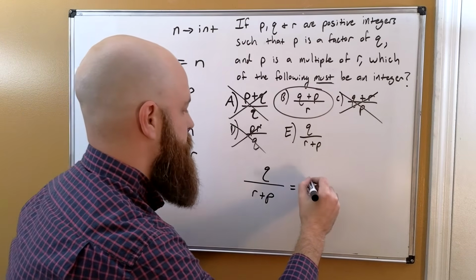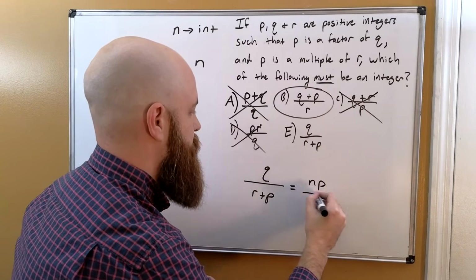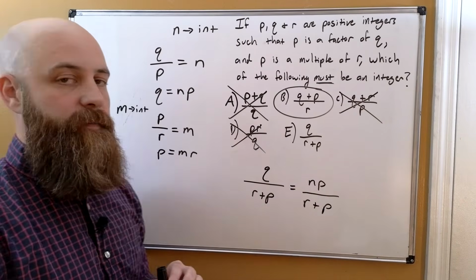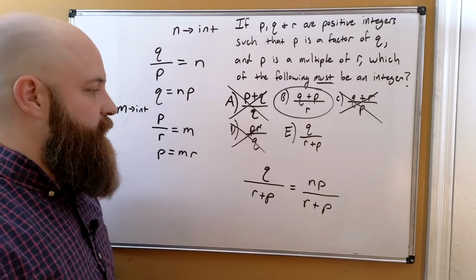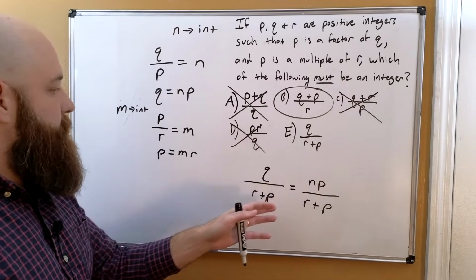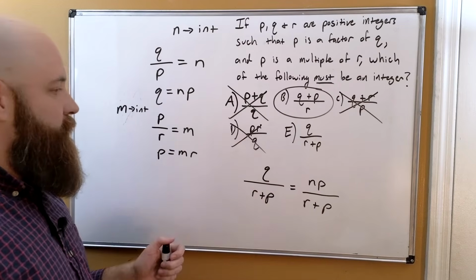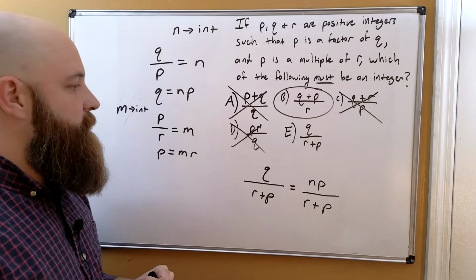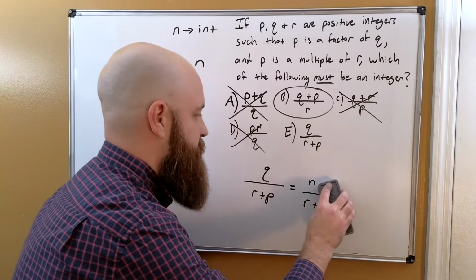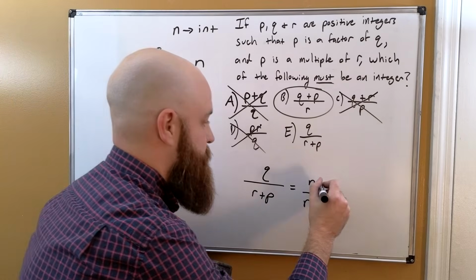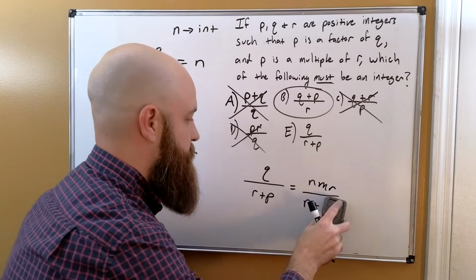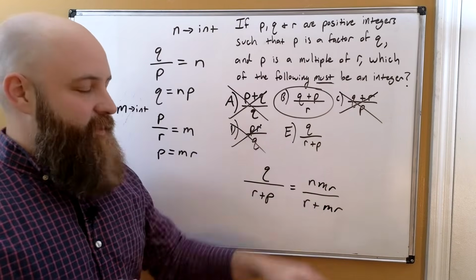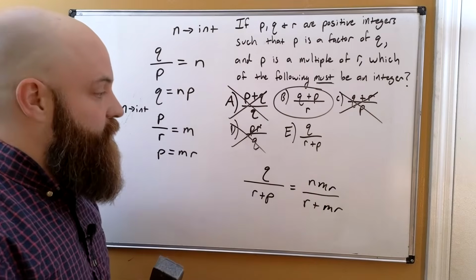Q is equal to N times P, okay, over R plus P. Okay, I notice a P in the top and the bottom, but I've also got this R. Well, maybe if I could substitute in for P, that would help get things all in terms of one variable, and I have P in terms of R. Okay, great, that'll do the trick. P is equal to M times R. So I'll call that M times R. Do the same thing in the bottom. P is M times R. Okay, great. I got everything in terms of R. That was my goal, so I can simplify it now.